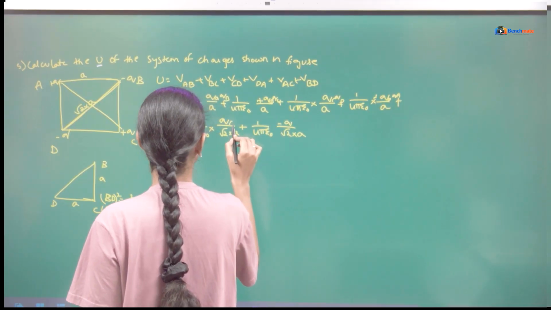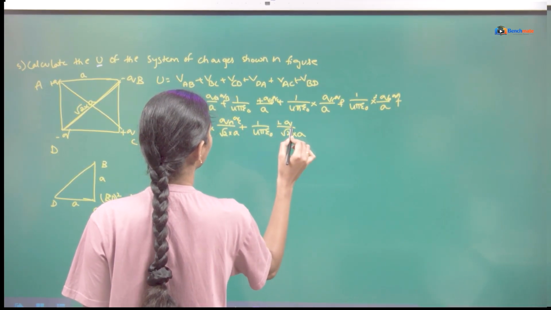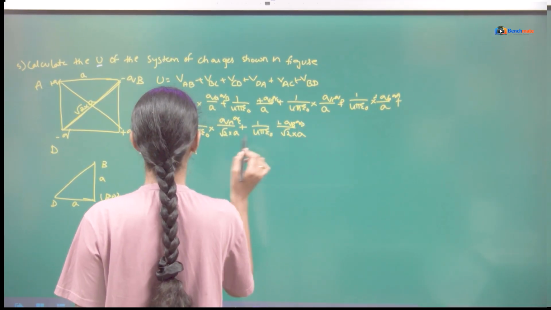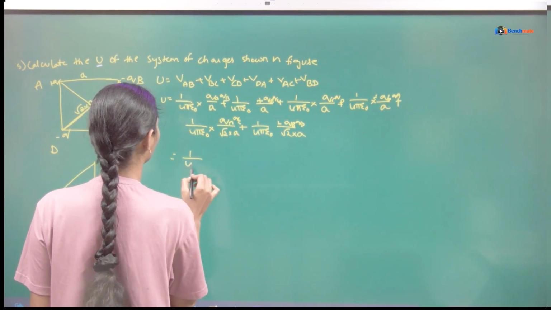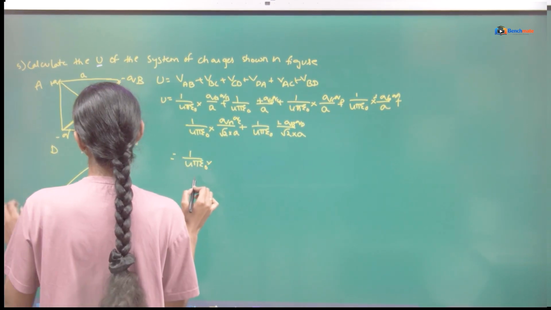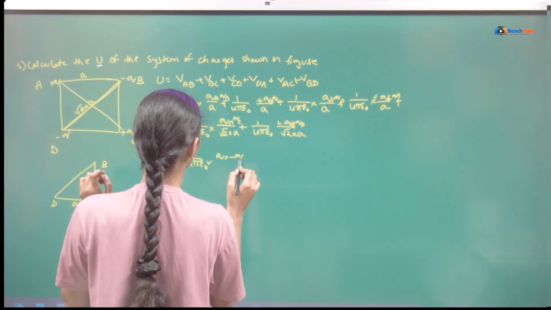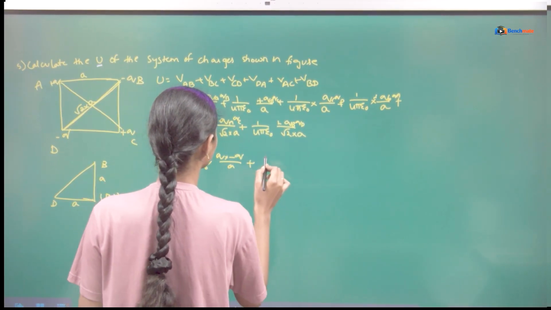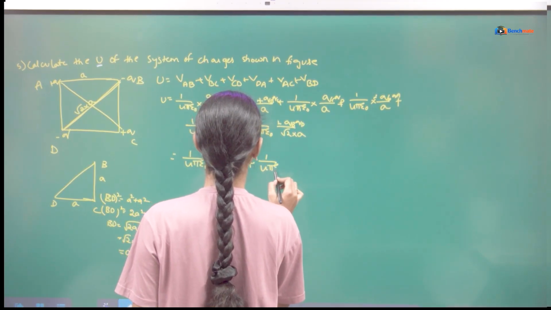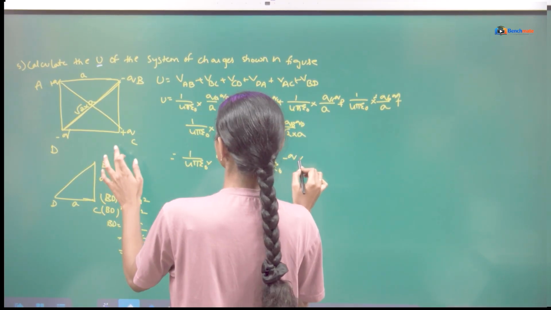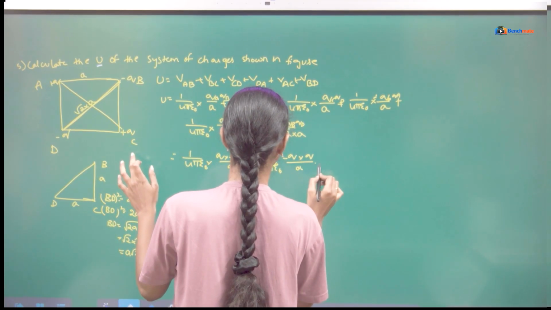Next QA, QC. Next QB, QD. Two charges you are going to get. Now 1 by 4 pi epsilon naught into QA: the charge is positive only, but QB charge negative, distance between them A only. Next 1 by 4 pi epsilon naught, B charge negative, C charge positive, by A.